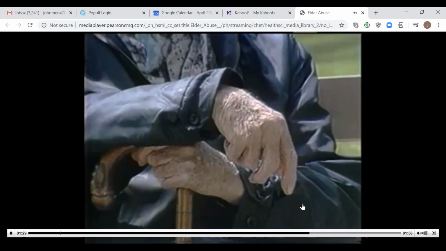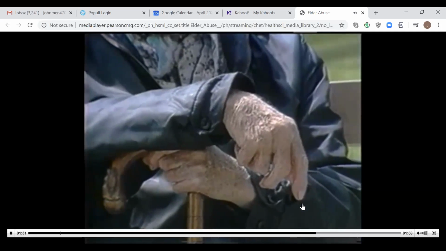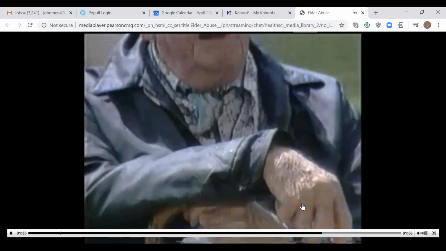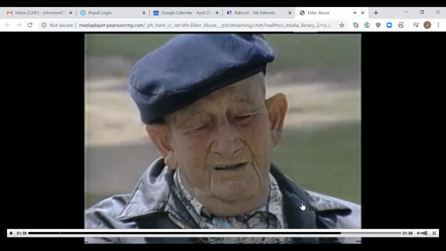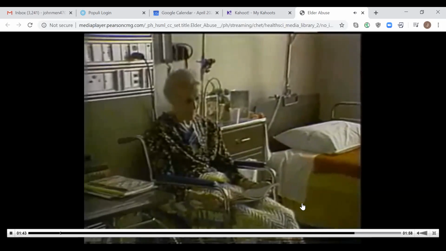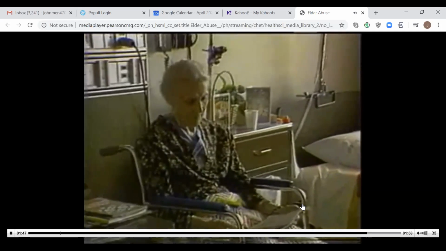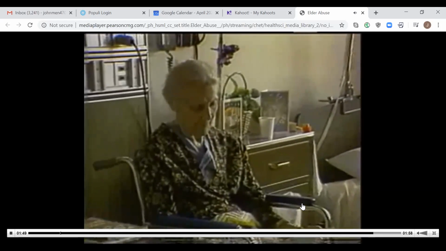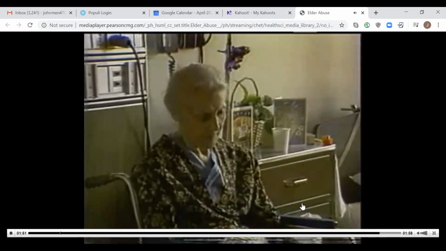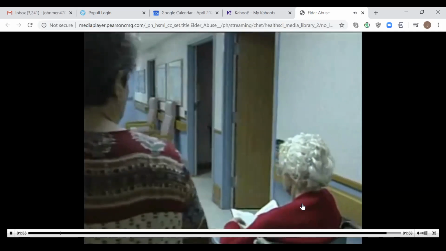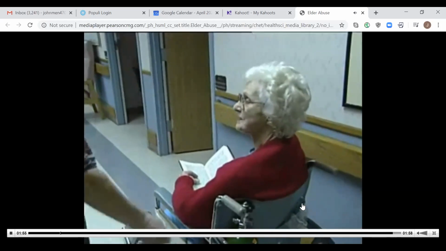Self-neglect occurs when elders who are mentally competent enough to understand the consequences of their own decisions engage in behaviors that threaten their own safety. Older adults who are victimized are more likely to be 80 and above, female, and be living with their abusers. Elders who suffer from chronic, disabling illnesses that impair function and create care needs that exceed their caregiver's capacity to meet these needs are at higher risk of being mistreated.